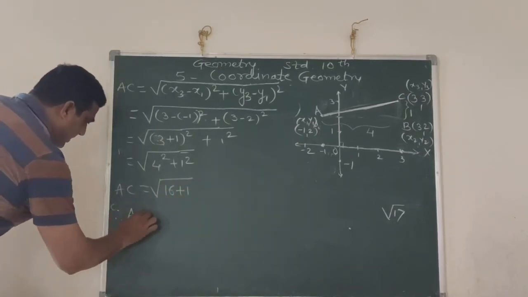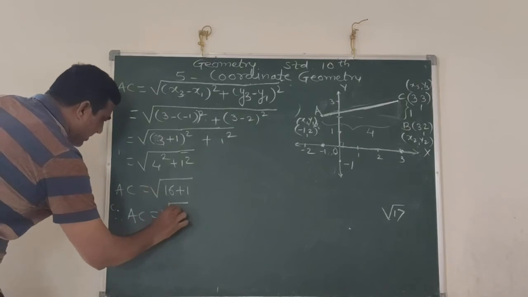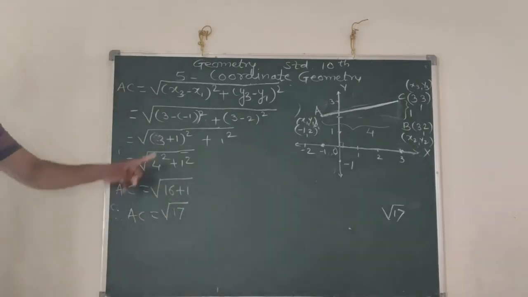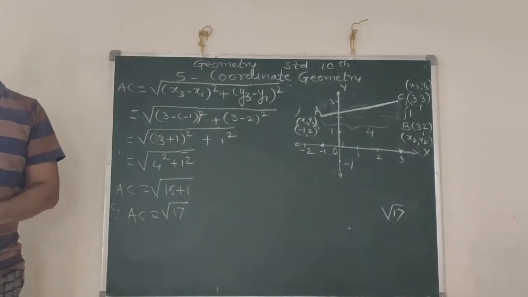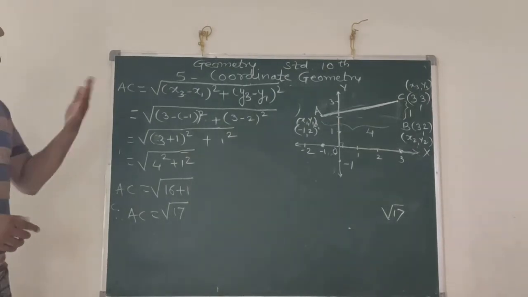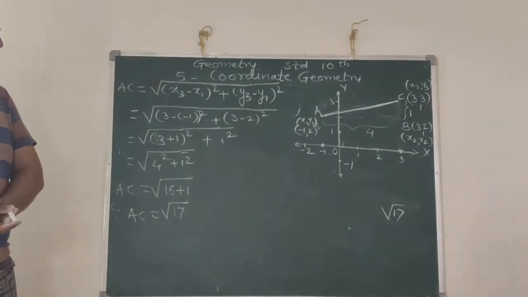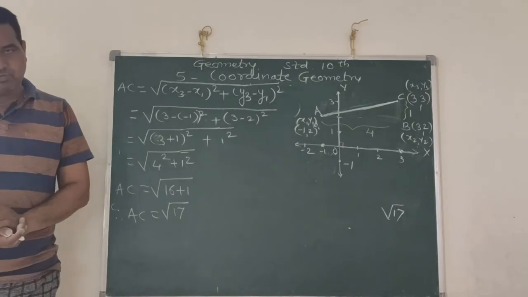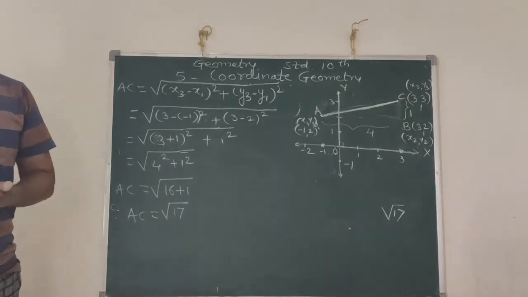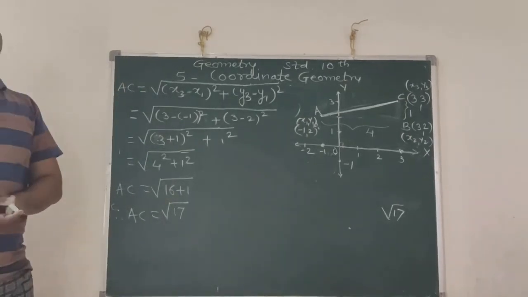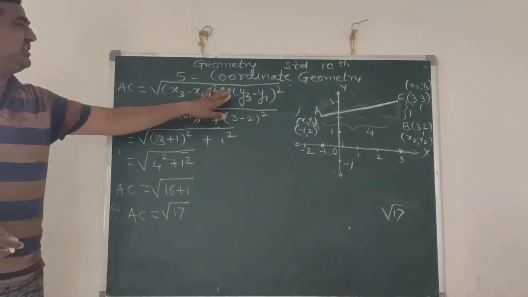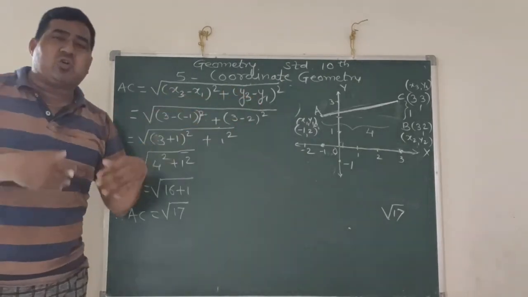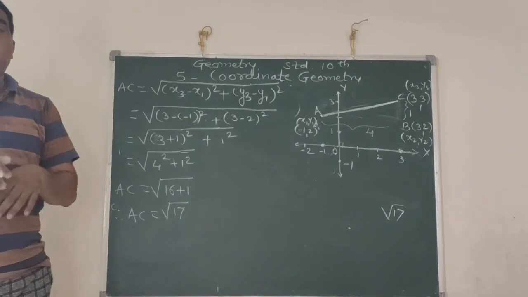Therefore AC is equal to the square root of 17. We got the same answer. That means without using Pythagoras theorem, without performing too much lengthy calculation, we can directly find the distance between any 2 points. Now this x2, x3, x1, you have to modify according to your condition.